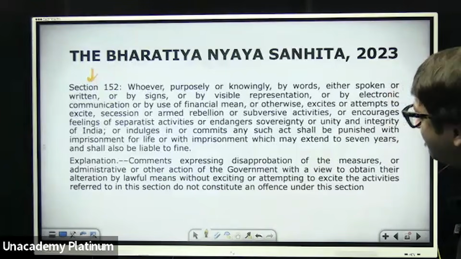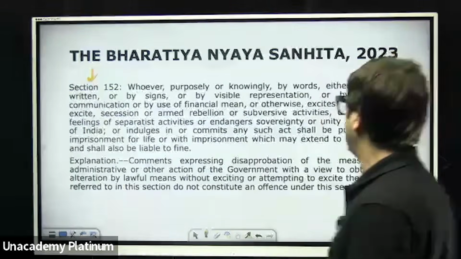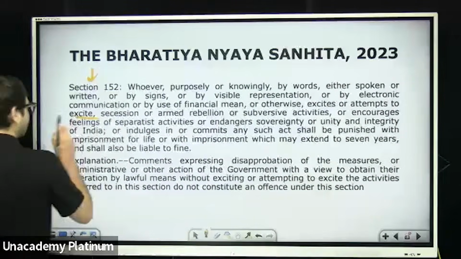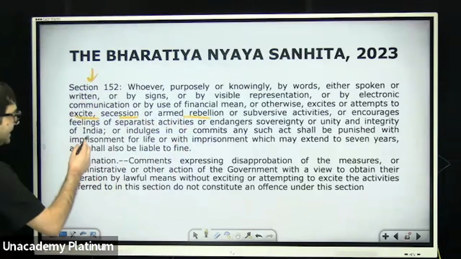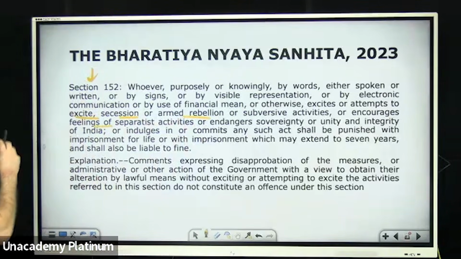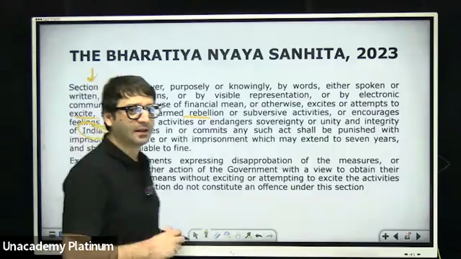Whoever, purposely or knowingly, by words either spoken or written, or by signs or by visible representation, or by electronic communication, whatever, excites secession or armed rebellion, or encourages feelings of separatist activities, endangering the sovereignty, unity, and integrity of India.